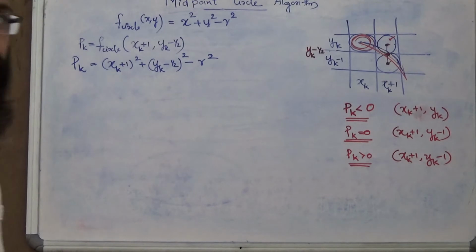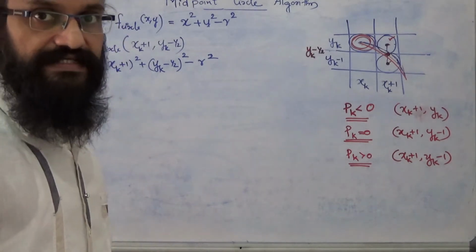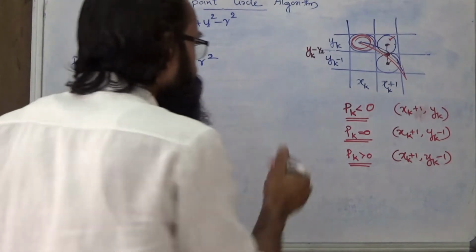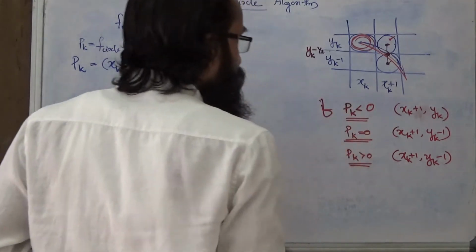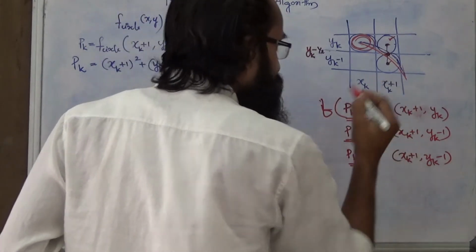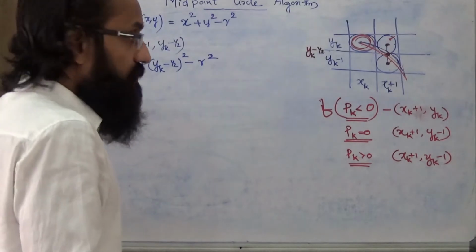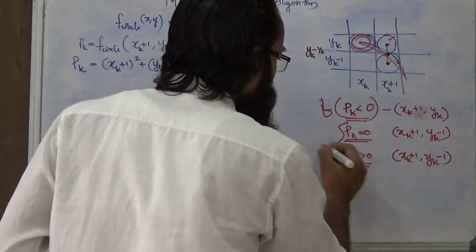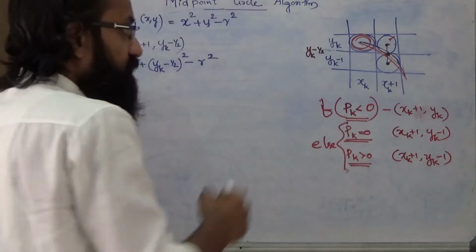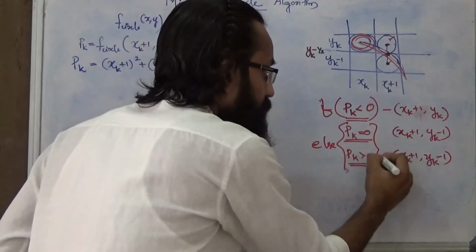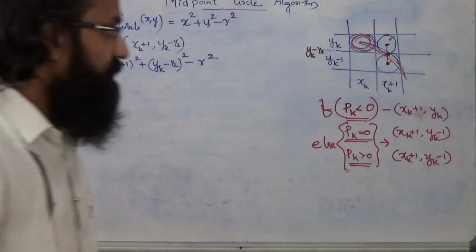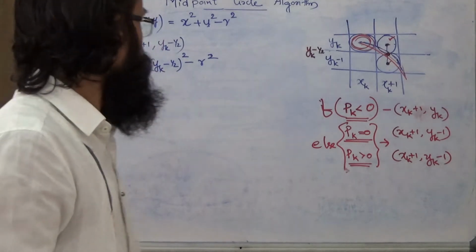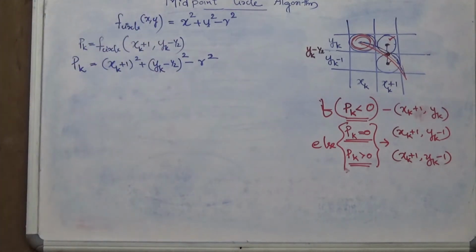So based on the decision parameter, we can choose the next y value. We can say that if pk is less than 0, the pixel to be selected is xk plus 1, yk, else the pixel to be selected is xk plus 1, yk minus 1. So that is our first conclusion.